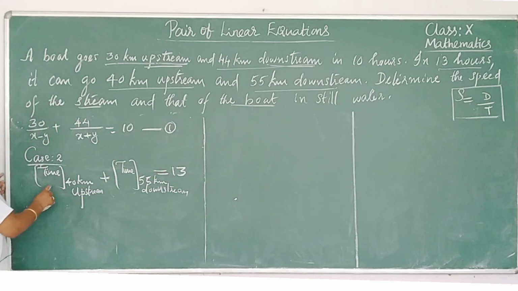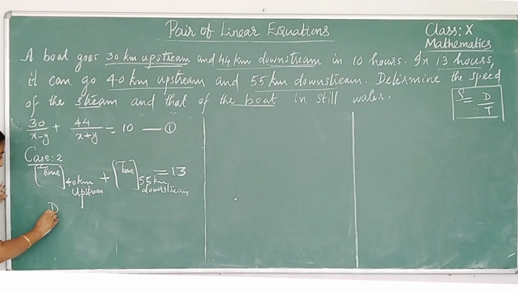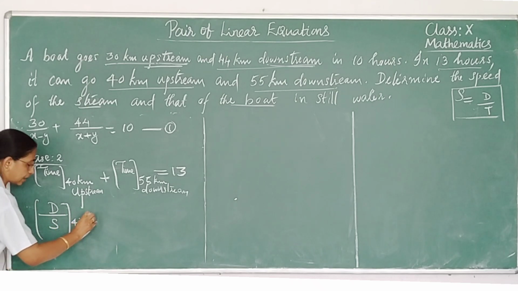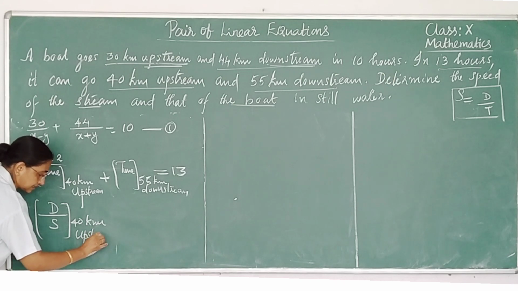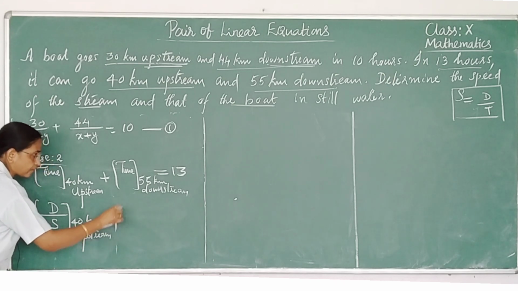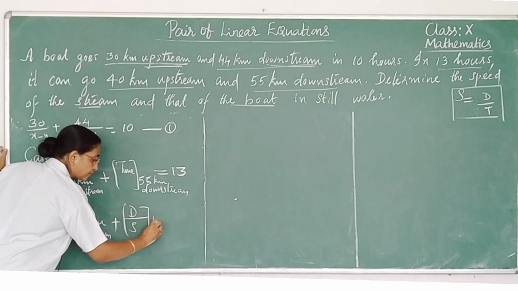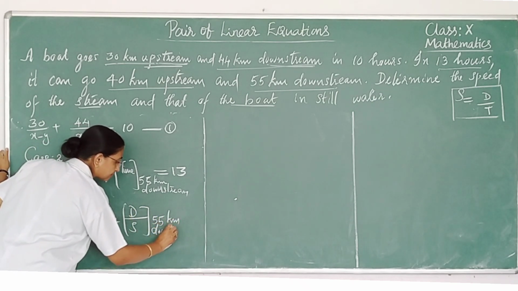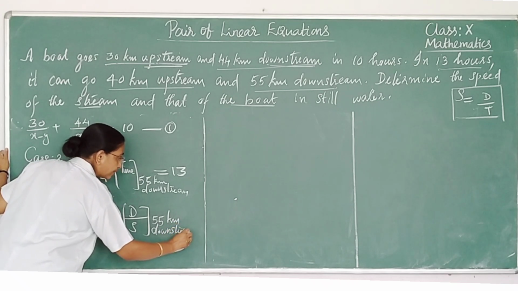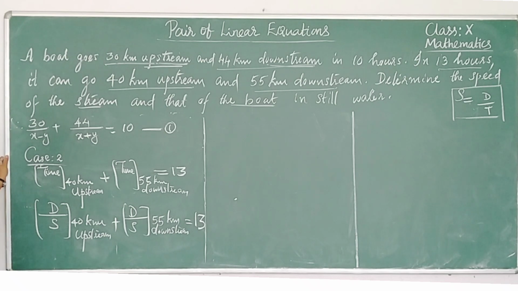Now again, you know the formula to find the time. Time equals distance by speed for the 40 km upstream, plus again the formula for time, distance by speed for 55 km downstream. This is given to us as 13. Okay, we can substitute the values.